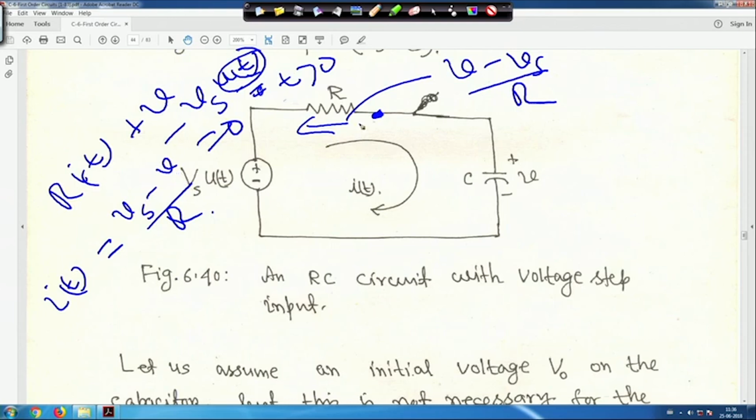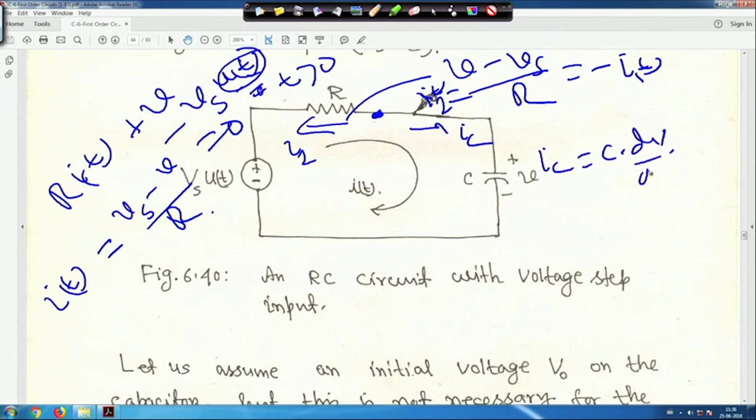Now this side, say this current is I1, which is equal to minus i(t), and this side you say Ic, that means Ic is equal to C dV by dt. Suppose this node is A, and apply KCL at this point: I1 plus Ic is equal to 0.